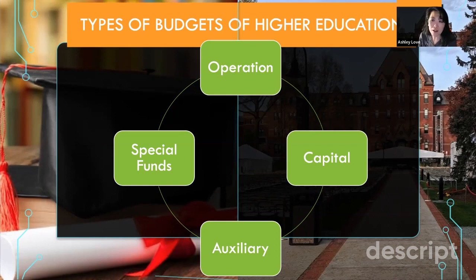So how do we reconcile operations, special funds, capital, etc.? We want to make sure that a lot of the universities, for instance, University of Incarnate Word, like I said, the finances are not publicly accessible. I put it in the chat, the iPads that one of your colleagues mentioned a couple of weeks ago.